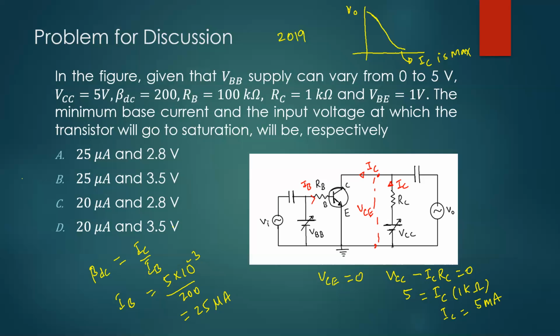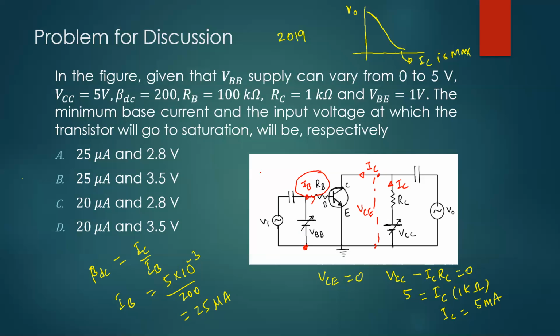Now, how do I get the input voltage? We are trying to find the voltage between, let me show those nodes, these 2 points. Now IB into RB. IB is 25 microamperes, RB is given as 100 kilo ohms.